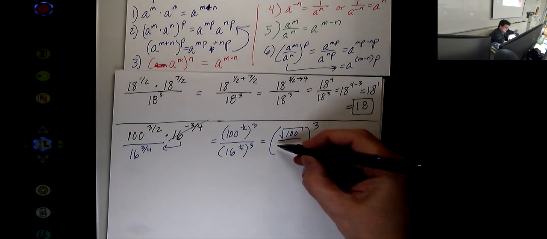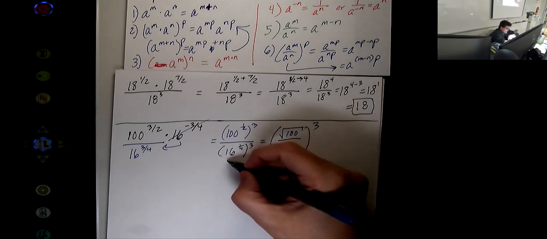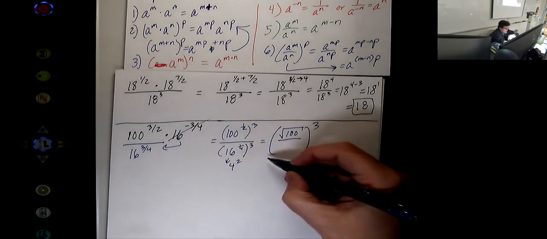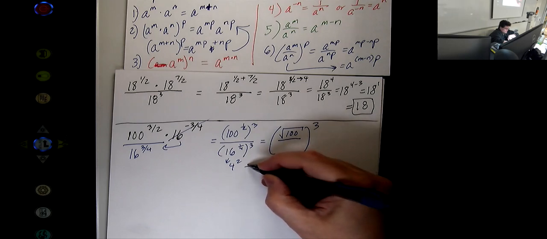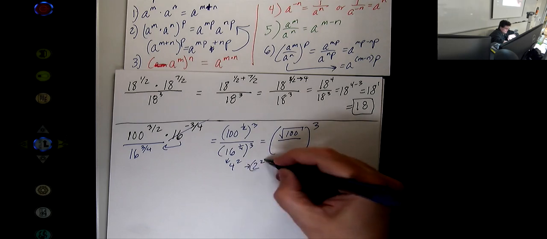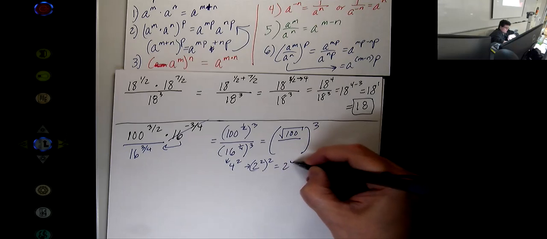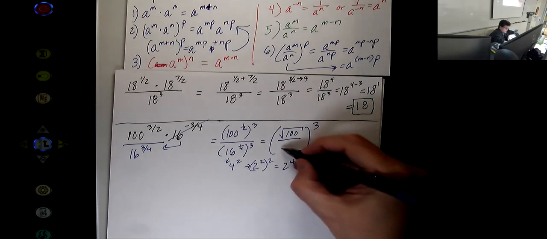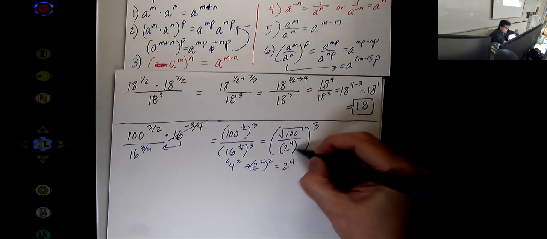This one, I'm going to rewrite 16. 16 is 4 squared, which is 2 squared, which is 2 to the 4th. So I've got 2 to the 4th power and then a 1/4.